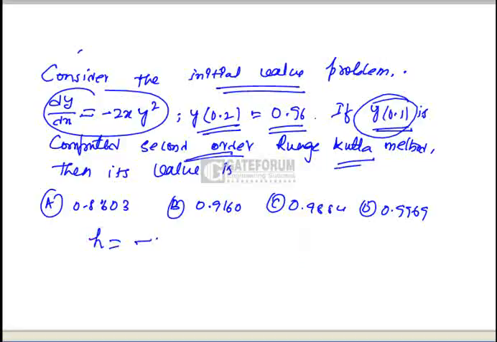Here h is given as minus 0.1, and let us consider the function as minus 2x y squared.